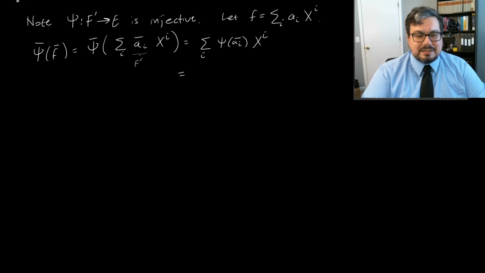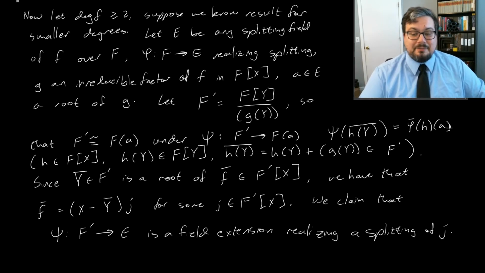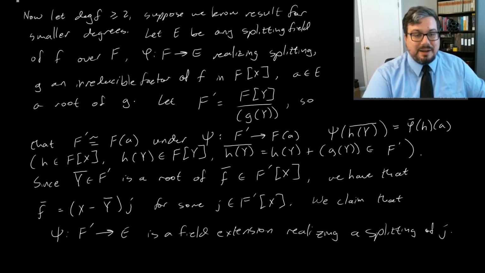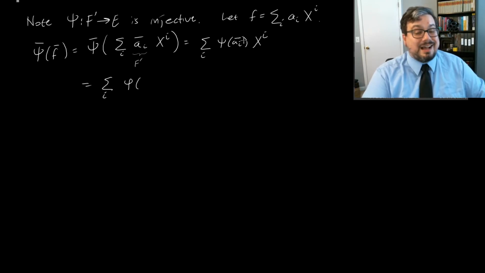Now, when we take psi of a_i bar, remember that we had that psi of a polynomial is that polynomial evaluated at a after applying phi to it. So this is by definition phi of this polynomial evaluated at a, but this is a constant polynomial. So this is just phi of a_i times x to the i, which is by definition phi bar of f.